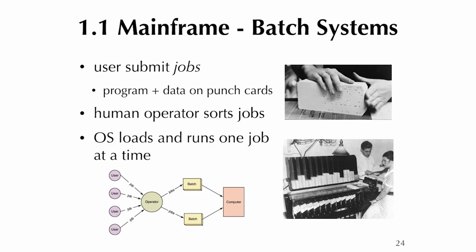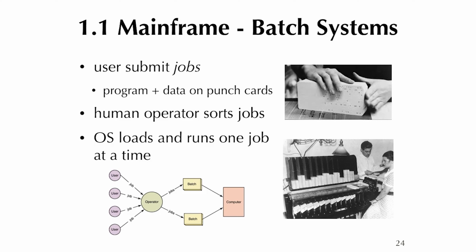They rely a lot on human operators to do the sorting. There could be one person's data, or it could be a dozen programmers all wanting to run their programs, so each hands over a stack of punch cards, and the human decides, okay, now I'll run your program. They load the stack, it runs, and then it prints the output here.